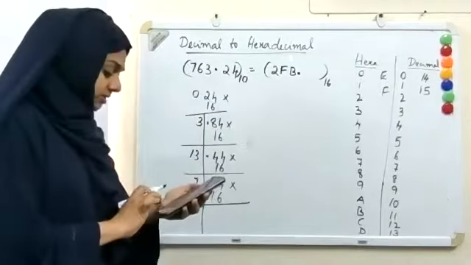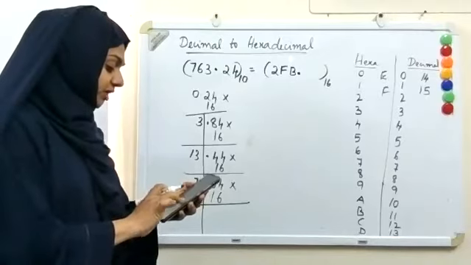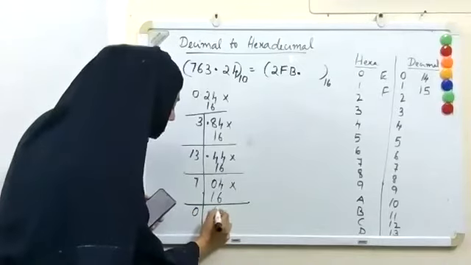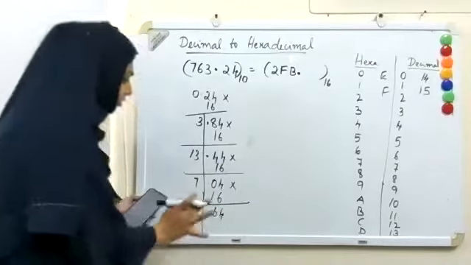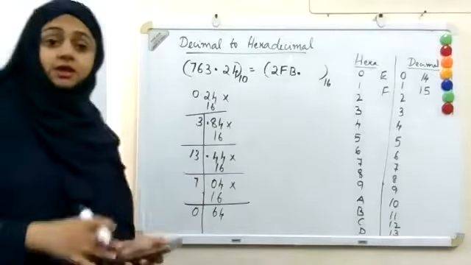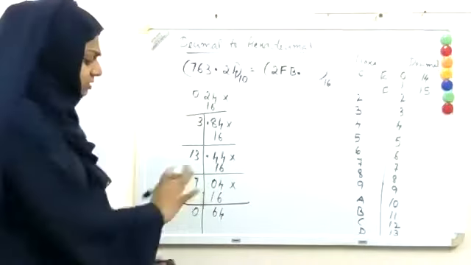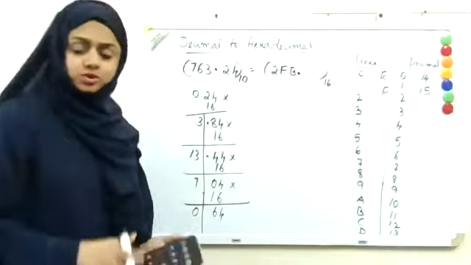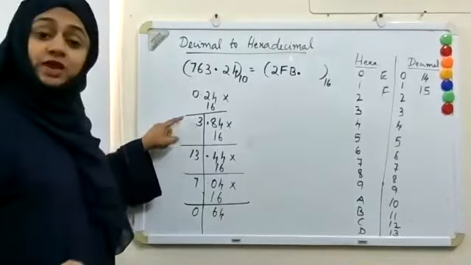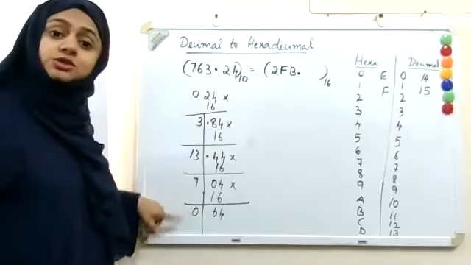So 0.04 into 16. You get 0.64. So I'm going to stop it here. If I continue multiplying with 16, I will get more decimal points. So 4 is enough for me. So I'm going to stop it here. And now, from where to where I should write 3 to 0 or 0 to 3?